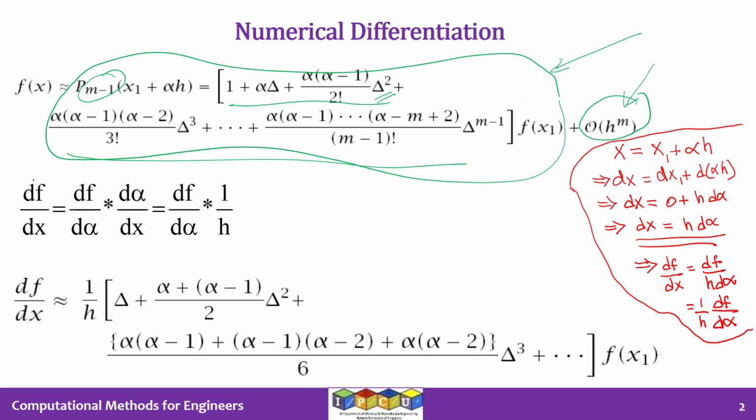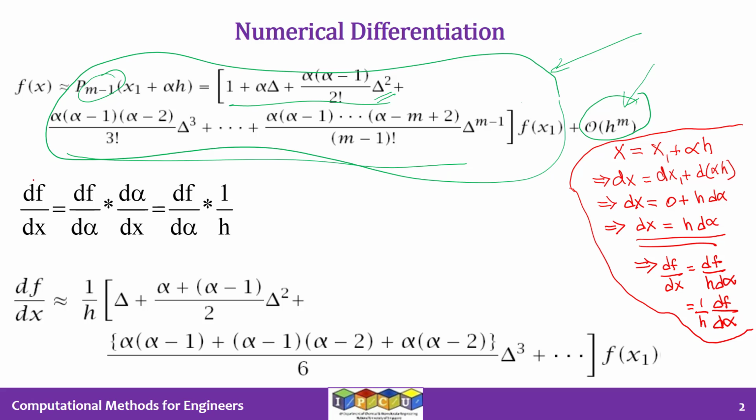Now, we may not be interested in the third derivative and the fourth derivative, etc. in chemical engineering because the phenomena of interest to us involve first or second order derivatives, not higher order derivatives. Therefore, we will be content with developing expressions for df by dx and d2f by dx squared. Now first, df by dx.